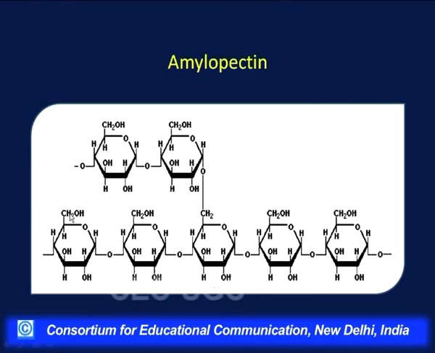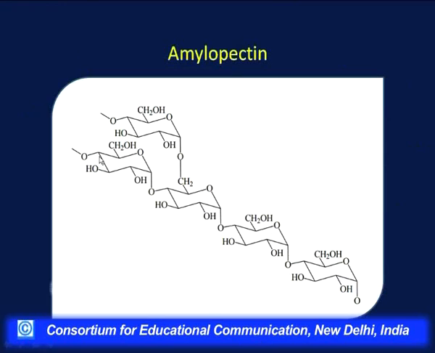Then at some other position, again a branch chain may start here and so on. So that is the structure for amylopectin. We can show the conformational representation like this. This was the chain as in the case of amylose, but at carbon number 6 some of the glucose molecules may link and then another chain as a branch continues here.